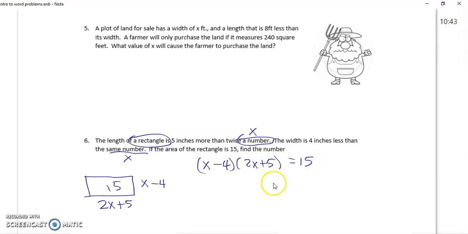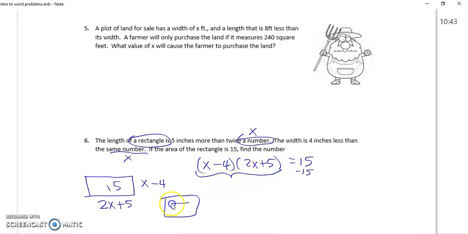Right? And now we're on a path of solving it just like the other one, except this time we've got 2 binomials equals 15, and I want to set it to 0, but when I try to subtract 15 from over here, I don't know where to subtract it from. I can't break into these parentheses. So the first thing I have to do is multiply this with box or FOIL.